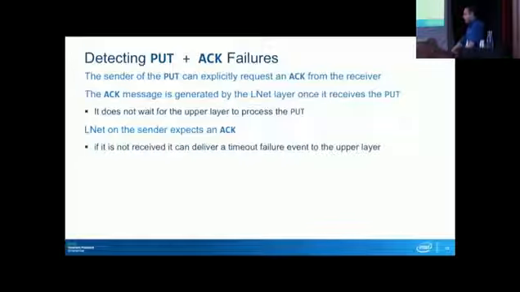For put plus ACK, the sender of put can actually explicitly request an ACK, and the ACK message is generated at the LNet layer once it receives the put. Since LNet expects an ACK, we are able to start a timeout once we send a put, and if the ACK is not received within that timeout, then we propagate up an event saying that it has timed out, and then the Portal RPC can do something with that.